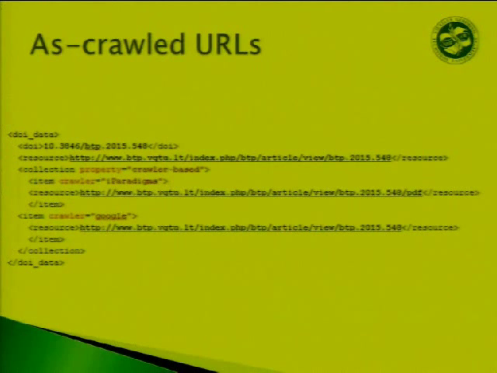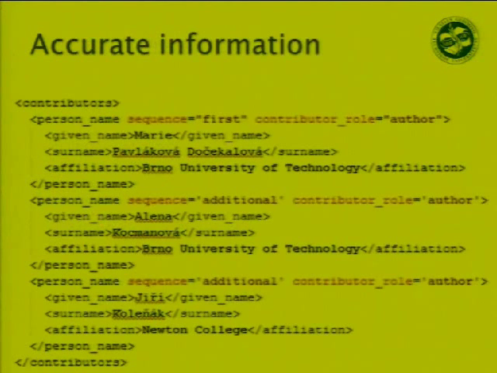Also, we use crawl URLs, and we write not just the simple resource, we use also iParadigms and Google. It is crawler-based resources, which helps us to cooperate with Crosscheck, and with Google, that is very useful for researchers and for the search engine.